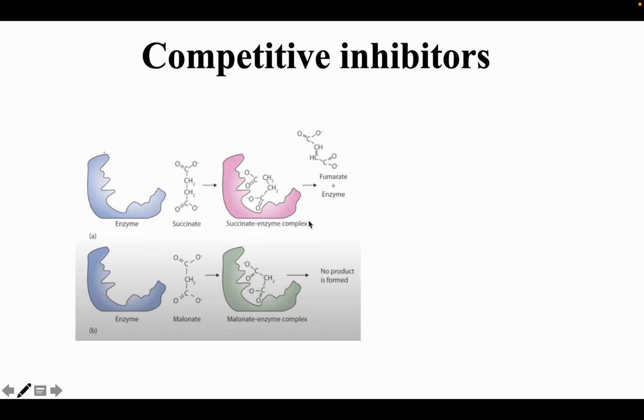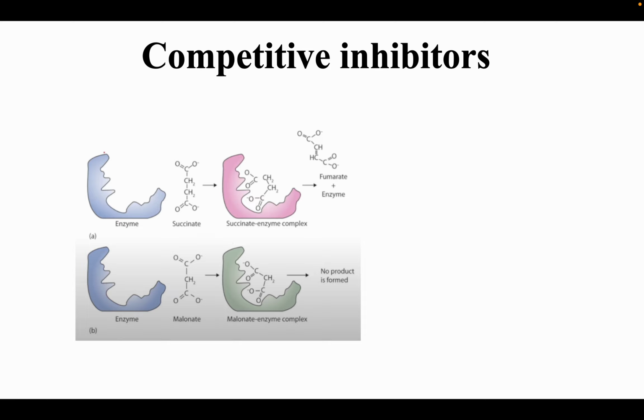So this is an example of a competitive inhibitor. Here we have an enzyme which converts succinate to fumarate, and as you can see, this enzyme has a geometric complementarity to succinate. The succinate fits nicely into this geometry, it is converted to fumarate, and the enzyme is released. This is the general reaction.